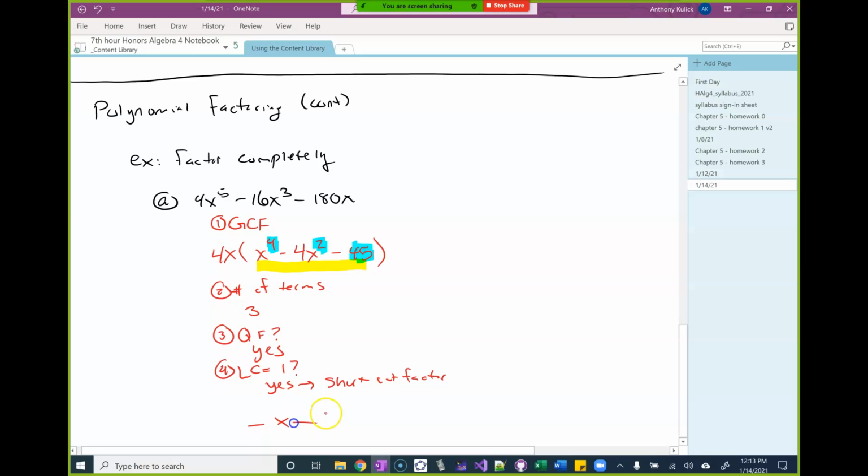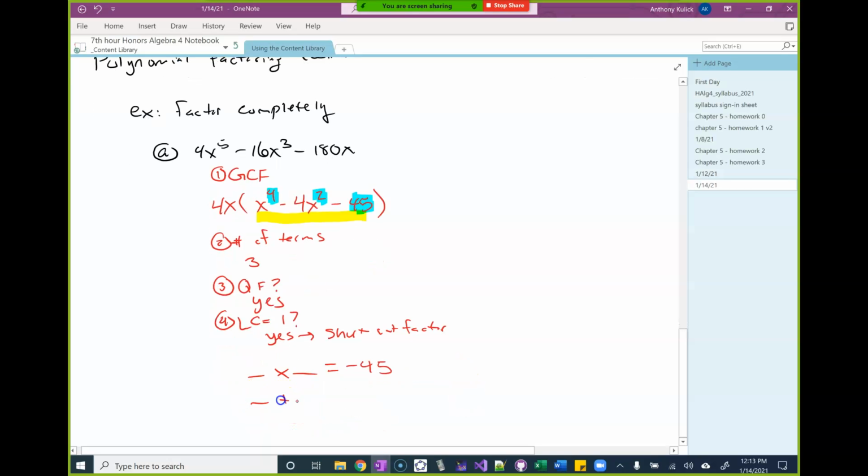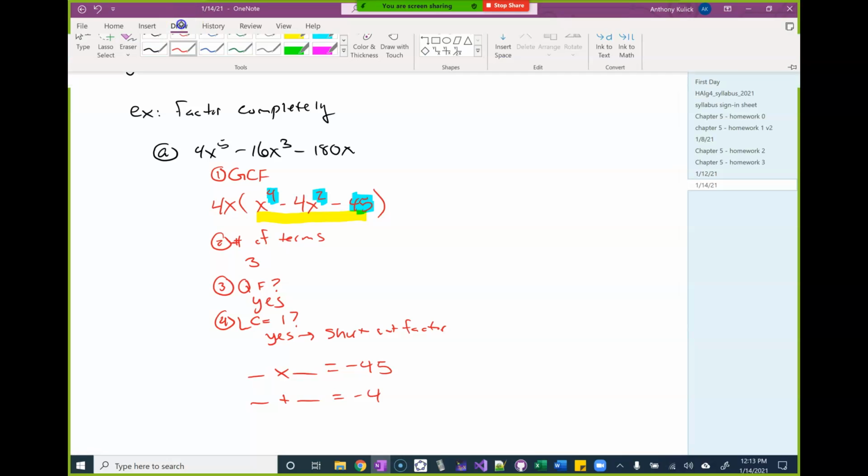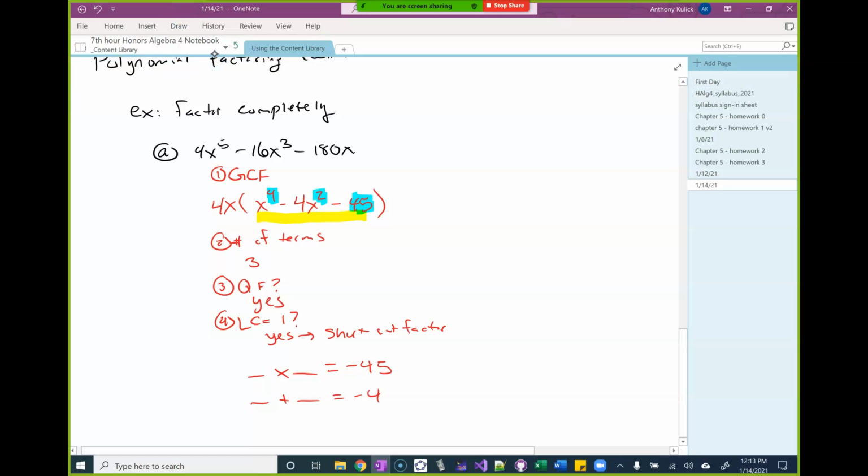So just like for a quadratic, I just need two things that multiply to give me negative 45 and add to give me negative 4. What are those two numbers? Negative 9 and positive 5. Very good. Now, if I was doing x squared minus 4x minus 45, I would write x minus 9, x plus 5 from that, right?